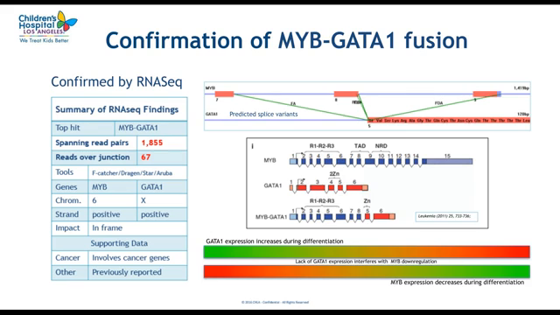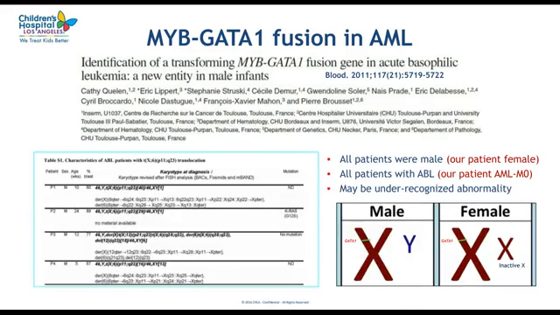And so the fusion has been described previously and has some very interesting biology. However, what was known about this fusion was very different from what our case suggests. So we think that our case will provide some novel insights into the biology of this particular fusion. And the fusion is exceedingly rare.